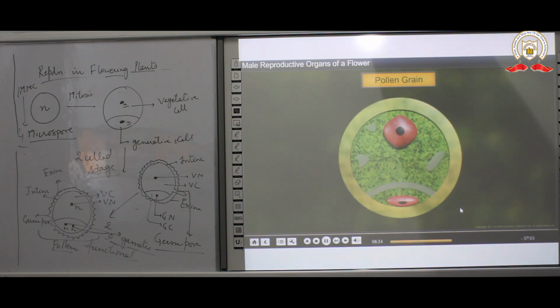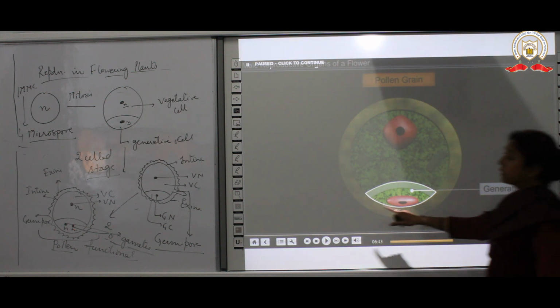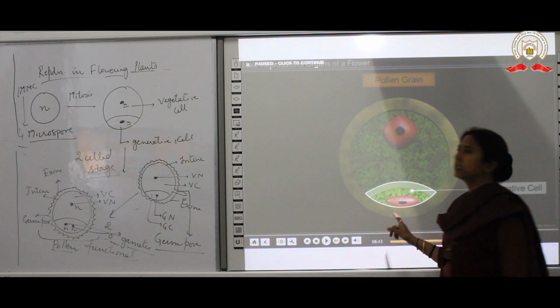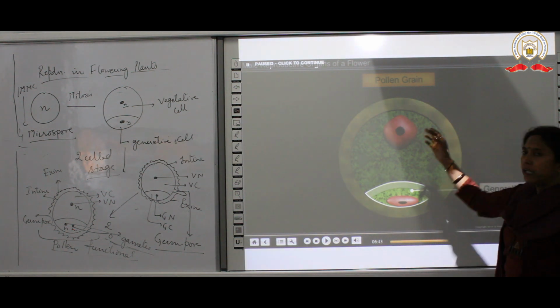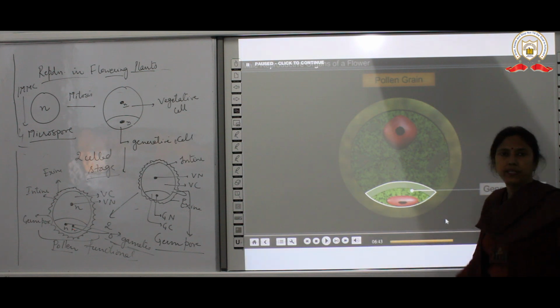While the smaller cell, known as the generative cell, is distinctly spindle-shaped and possesses dense cytoplasm. You can see that it is spindle shaped. You must remember for a 1 marker what is the shape of the generative cell. Which cell has the irregular nucleus? What is the function of the vegetative cell? What is the function of the generative cell?